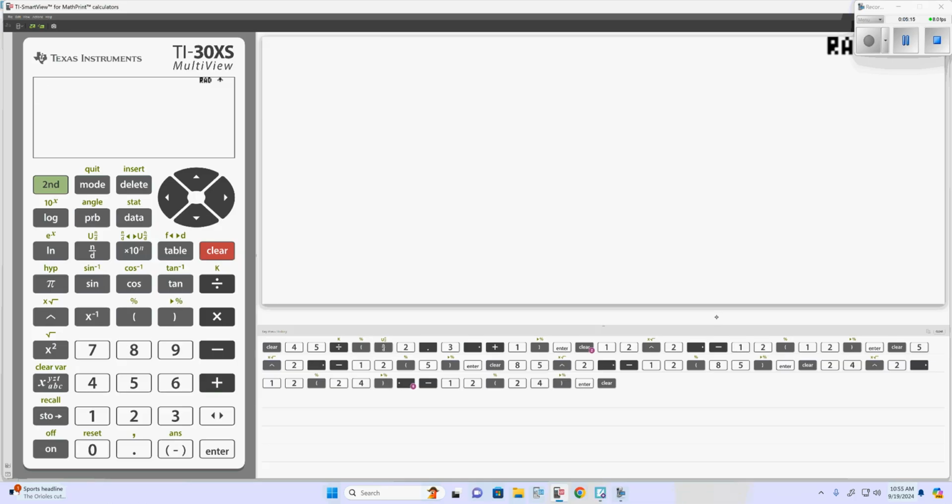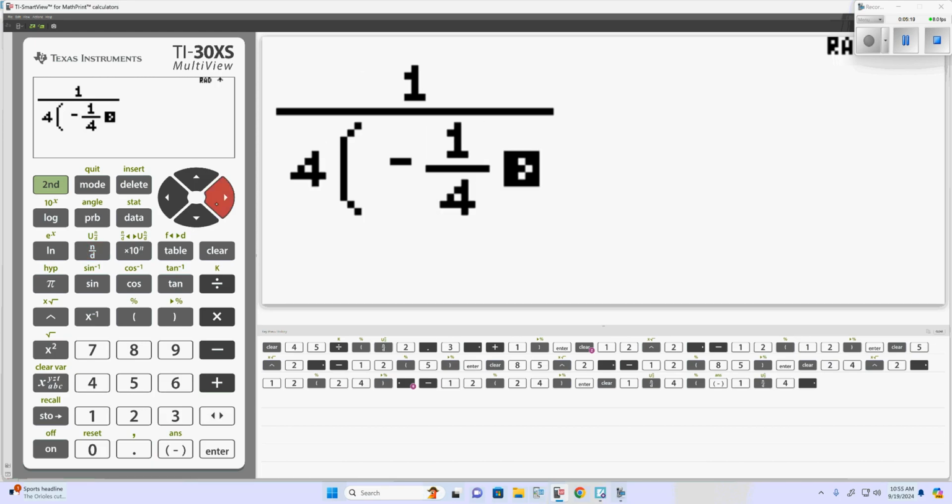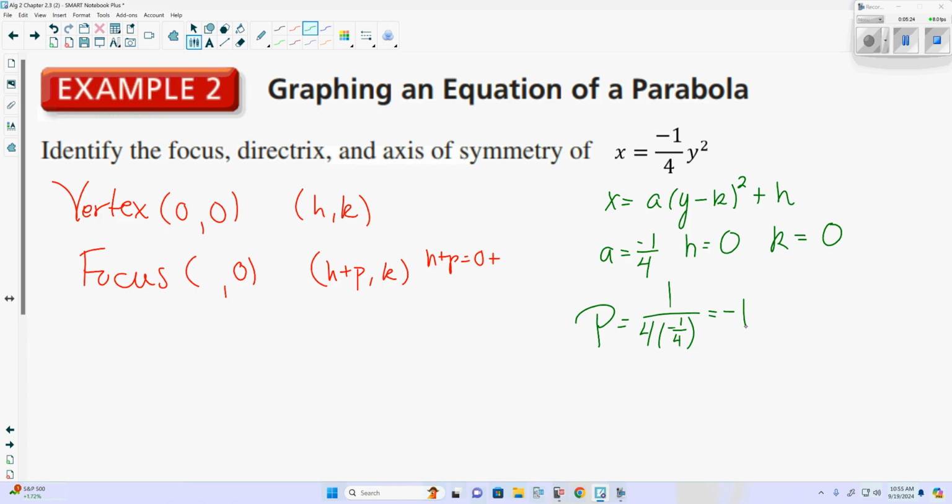We can put this in a calculator. 1 over 4 times negative 1/4 is negative 1. So p is negative 1. 0 plus negative 1 is negative 1, so the focus is negative 1 comma 0.